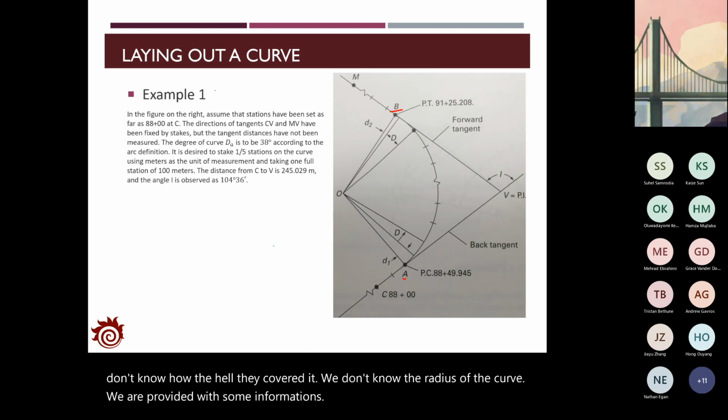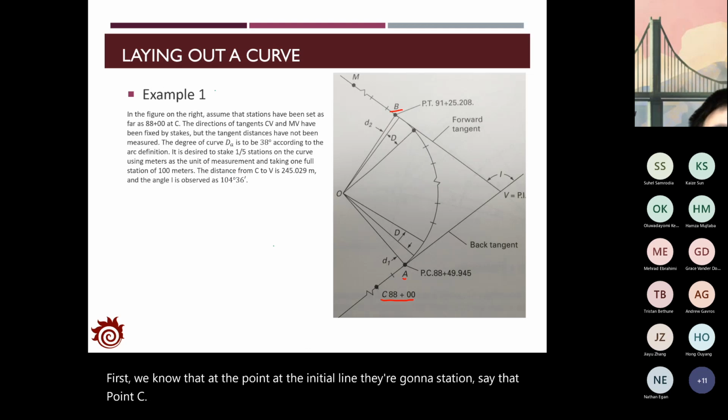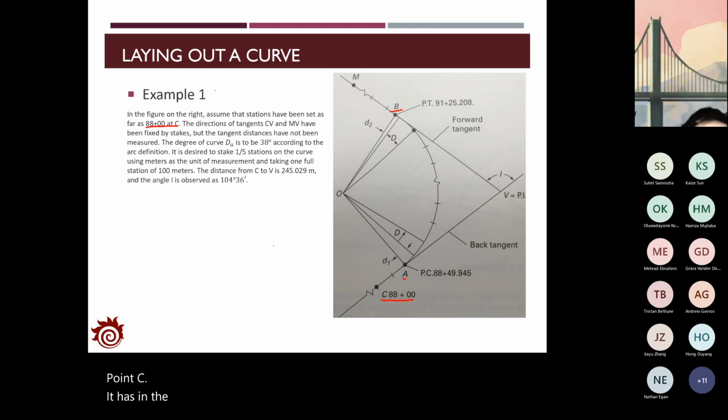First, we know that at the initial line, there's a station, say the point C. The station is defined as 8800, so 8800 here represents 88 plus 00.